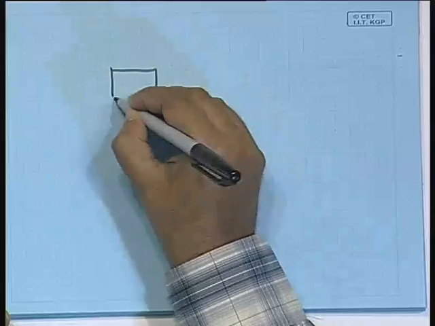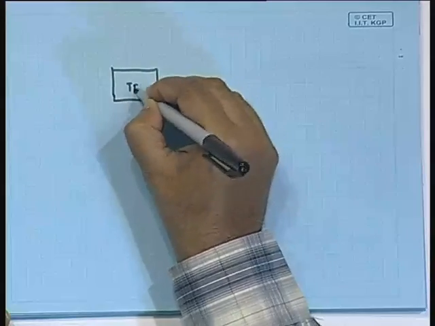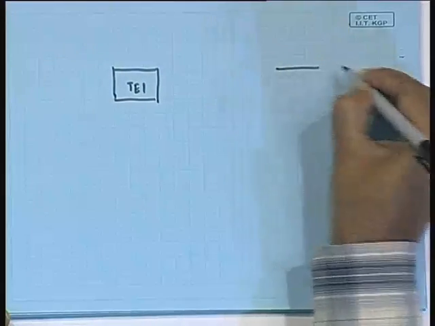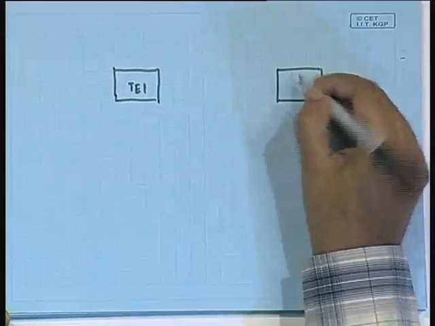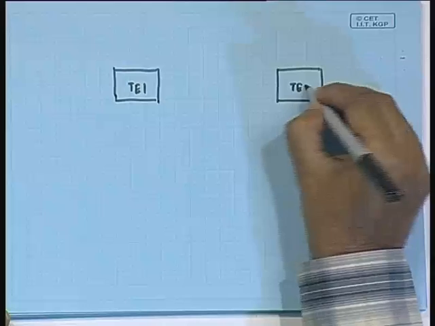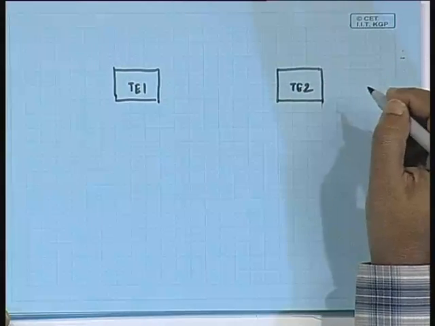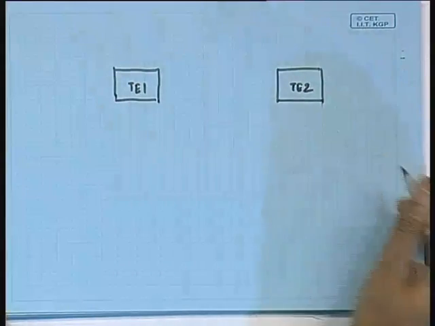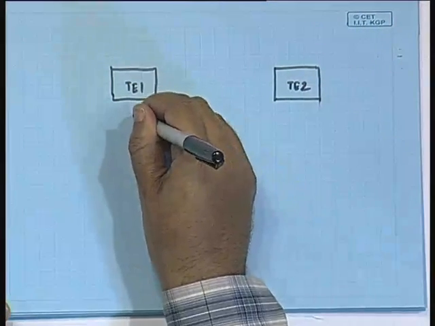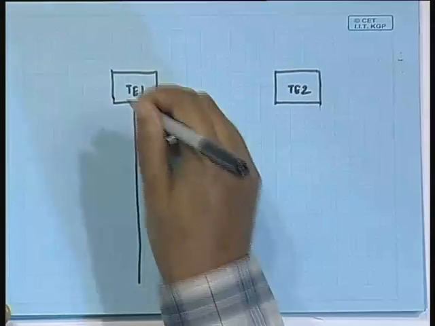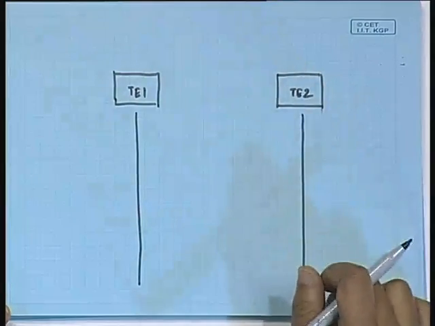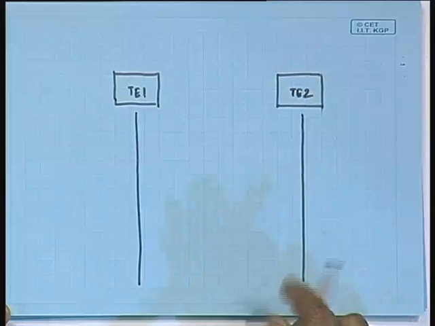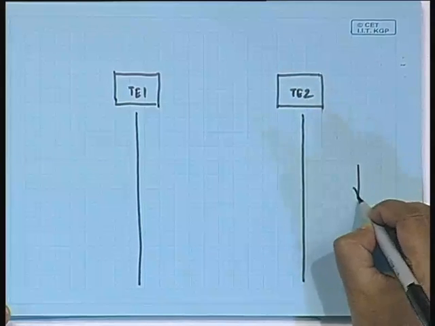So, if we have TE1 over here and TE2 over here, in order to show their protocol timings, it is customarily shown like this: whatever is at the TE1 end, we draw a vertical line, and whatever is at the TE2 end, we draw a vertical line below TE2, and this will be the time axis.